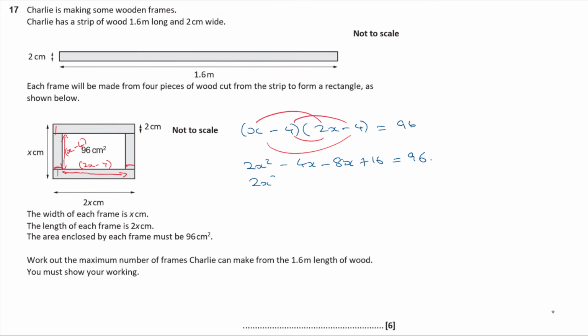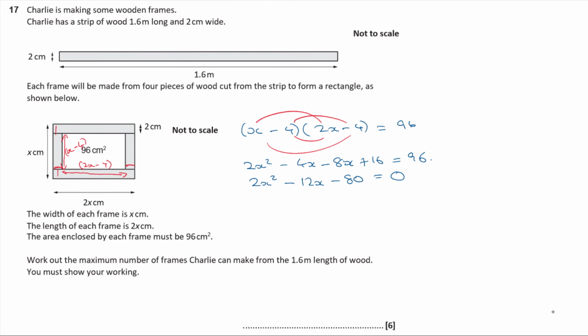So collecting like terms together, minus 4x minus 8x is minus 12x plus 16. I'm going to take the 96 over to the other side, so it becomes 16 take away 96. That is minus 80, isn't it? Okay, and that's all equal to 0.